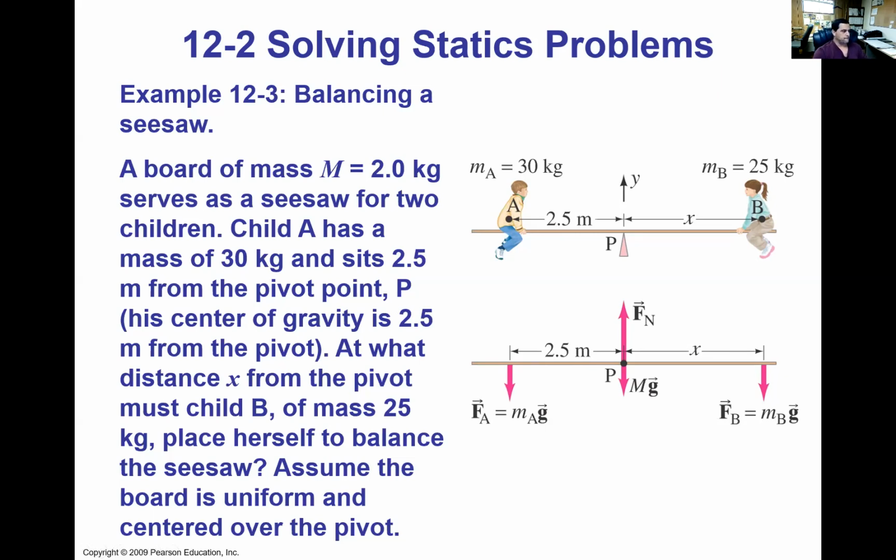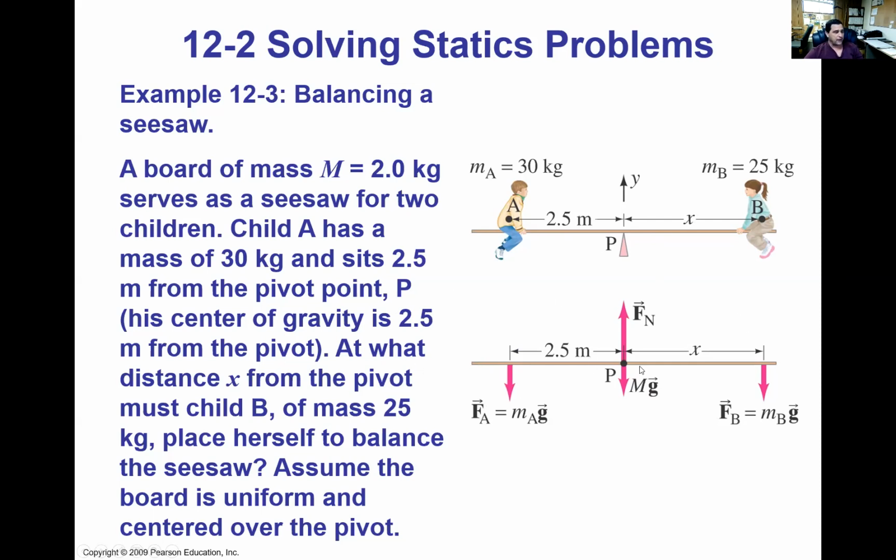2.5 meters out. At what distance X from the pivot point must the other child, who has a mass of 25 kilograms, place herself to balance the seesaw?